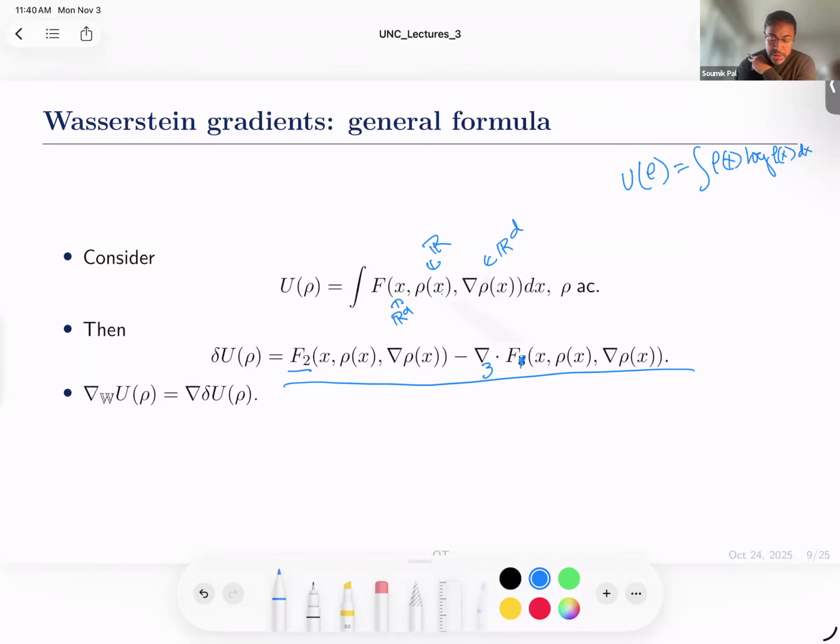There is only dependence on the middle portion, which is my rho x log rho x, and there is nothing in the third argument. The gradient of rho x doesn't appear here. So this part is 0. The third component is 0 because there is no divergence there. And for the first one, I just take the derivative of the function. So I have a function f of x equals x log x. I shouldn't use x here. Let me change the notation.